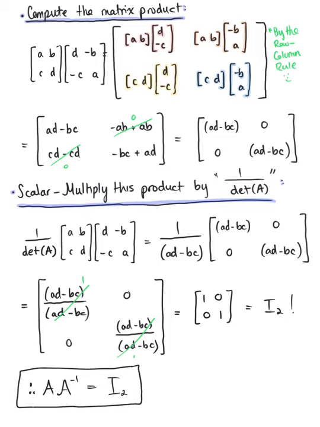Now, we're not done yet. This is only one direction. So I want you to note that we still need to show case 2. We still need to show that the inverse formula multiplied by matrix A is also equal to the 2 by 2 identity matrix.